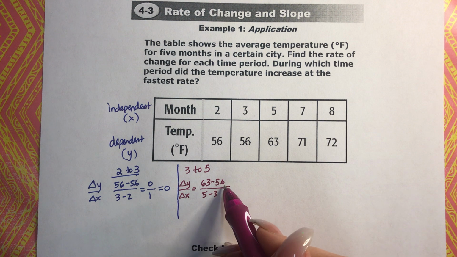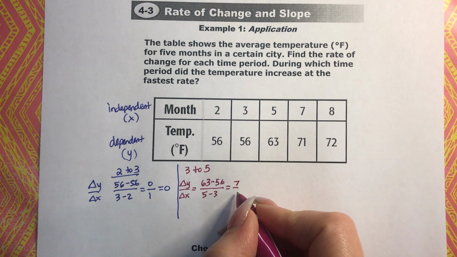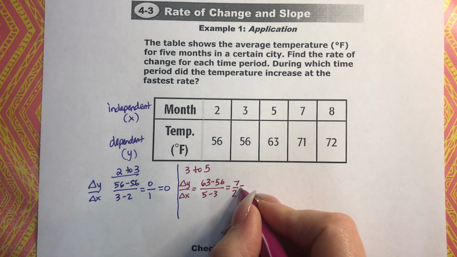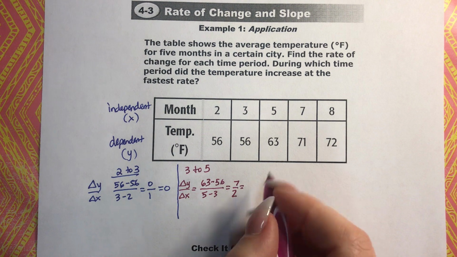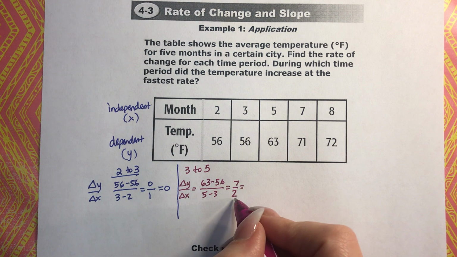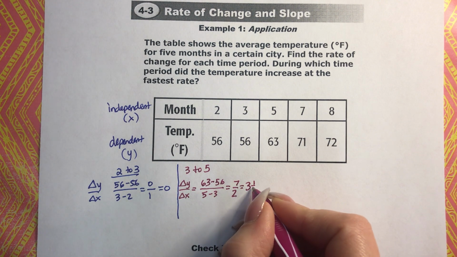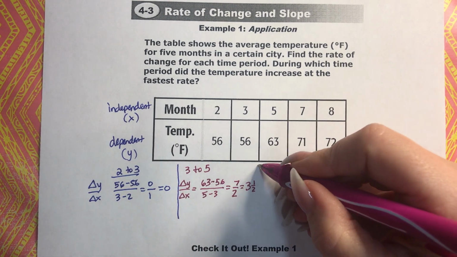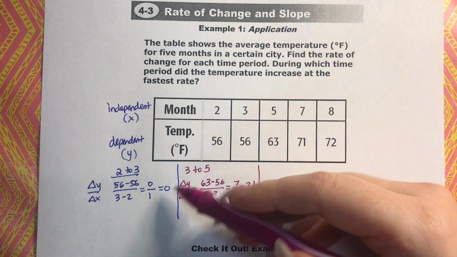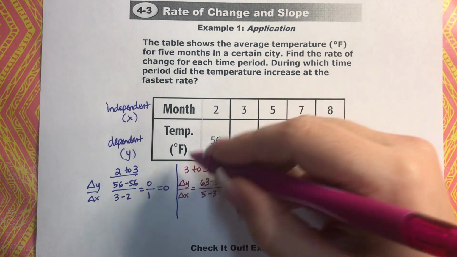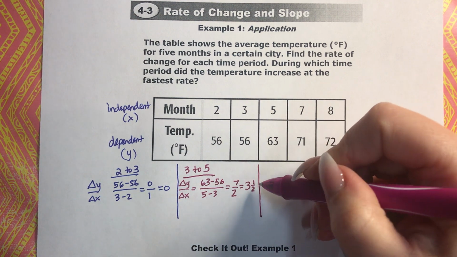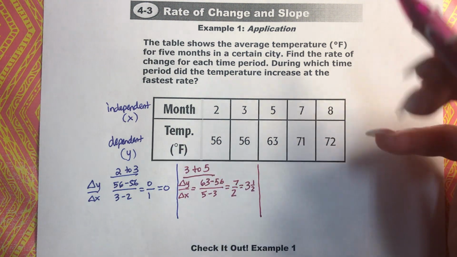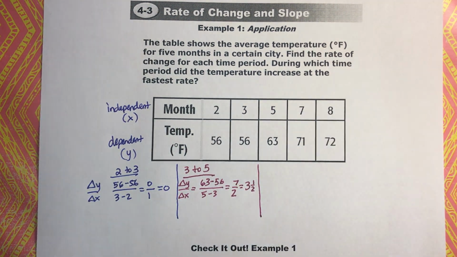And 63 minus 56 is 7 over 2, which is equal to, I'm just going to change it to a decimal, or we can just keep it as a mixed number. 2 goes into 7 3 times, so 3.5. So that's what the rate of change would be for this one, which is bigger than here. So we know that 3 to 5 has a greater rate of change than from 2 to 3.